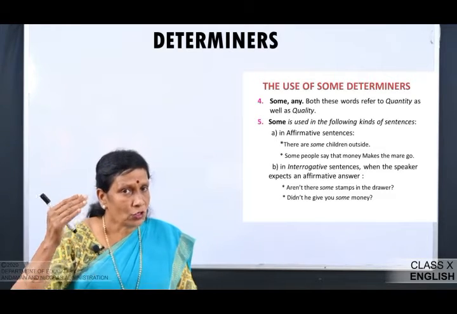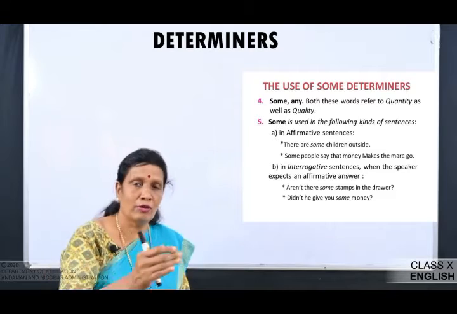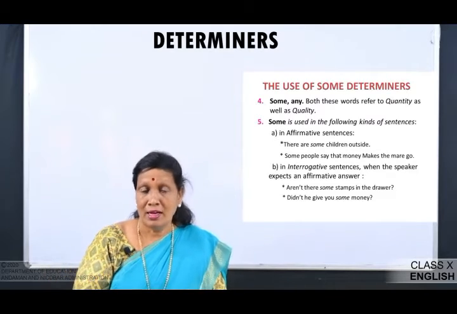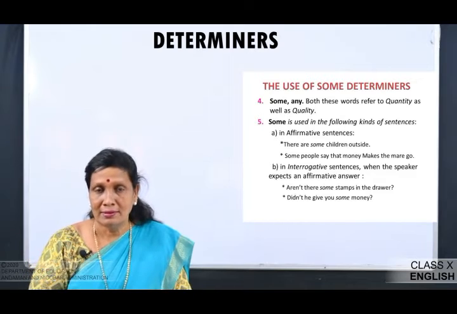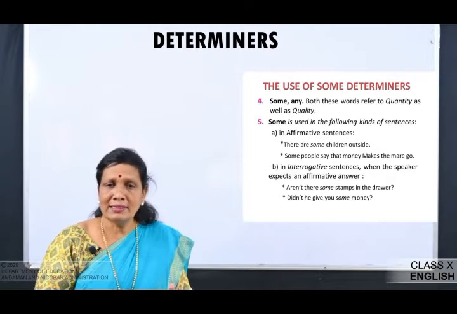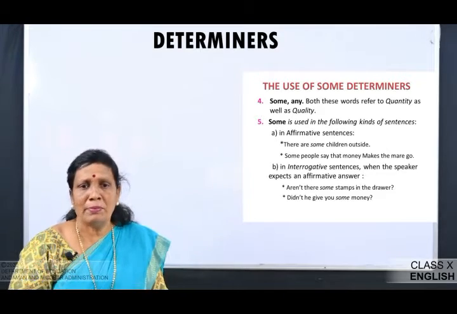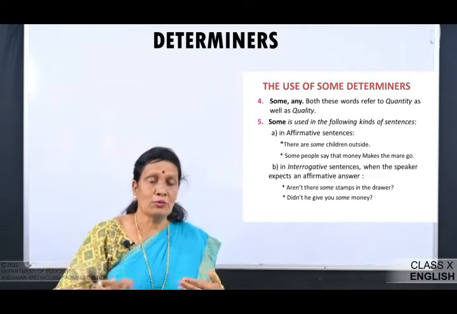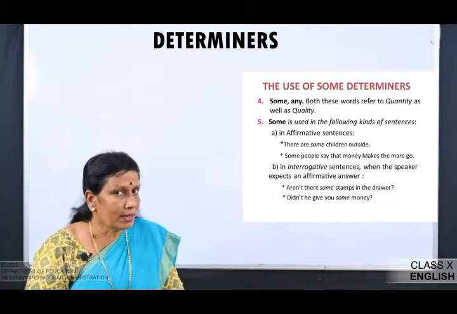Now, in interrogative sentences, when the speaker expects an affirmative answer. Affirmative answers, I've told you, means positive answers. Okay, aren't there some stamps in the drawer? Maybe the speaker would say, yes, there are. Did he give you some money?